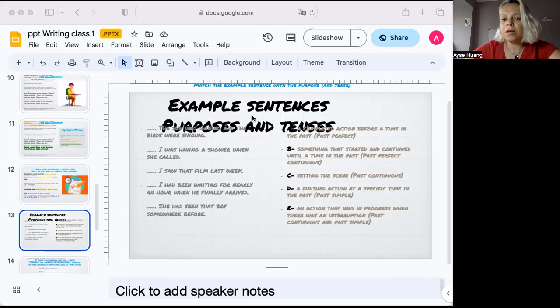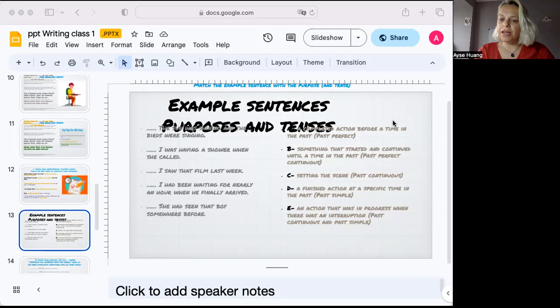Purpose sentences. A, a completed action before a time in the past: past perfect. B, something that started and continued till a time in the past: past perfect continuous.